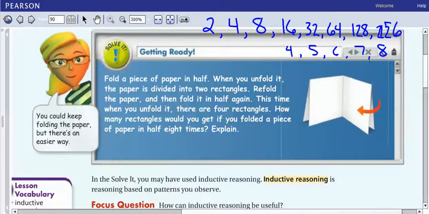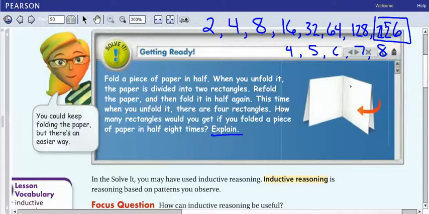Okay, 256. So there's your pattern. There would be, after 8 folds, 256 rectangles on your paper. After 7, you should have 128.